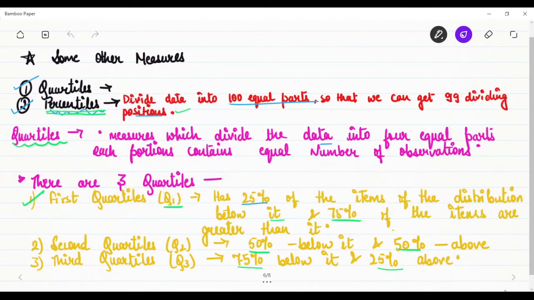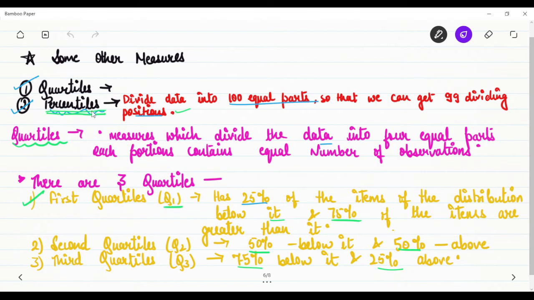Now let's move ahead. We have been provided with some other measures, so I think this is important to discuss. First we have the quartiles and second the percentiles. Percentile has not been given much weightage, that is why I've written only a few lines, but quartile has been given in brief, so I have provided all the material to understand quartiles.